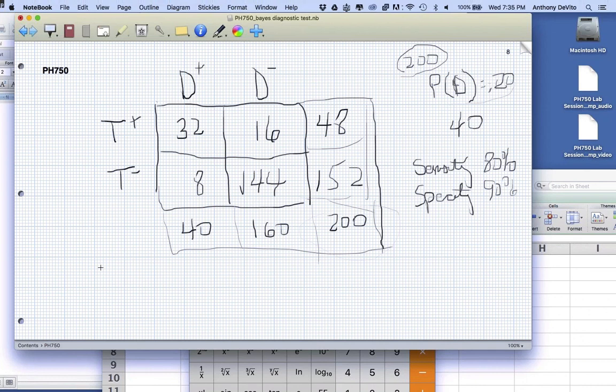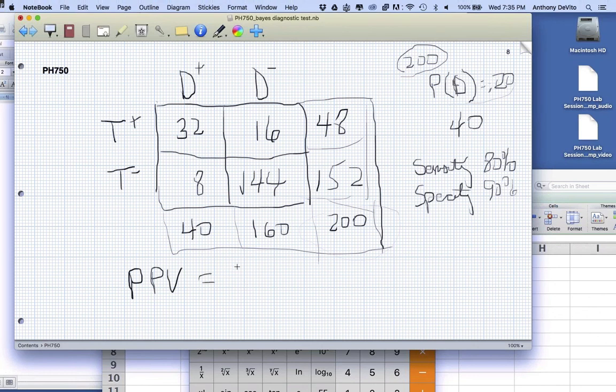So for this particular test, if you had a positive test, what's the probability that you actually have a nickel sensitivity? Well, that's what we call the positive predictive value. So the positive predictive value of this test is going to be, well, how many people got positive tests?